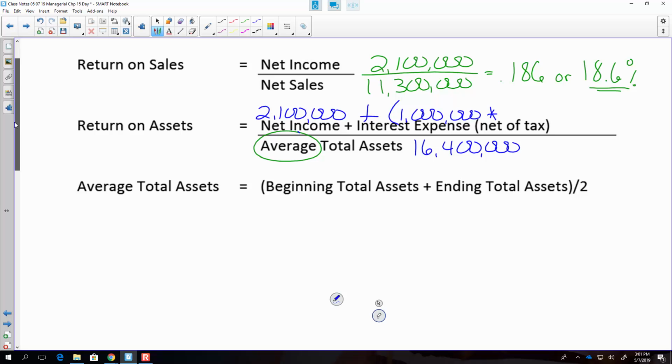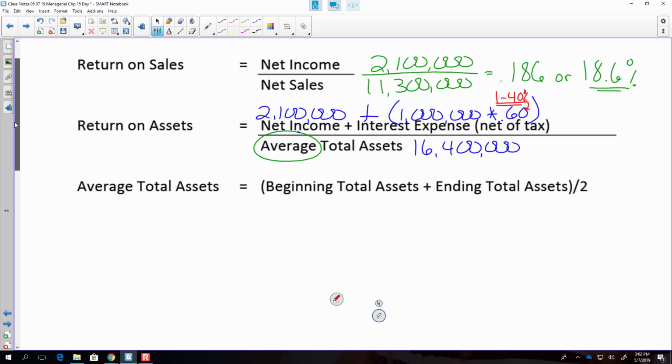Is it on 52? Yes. What is the tax rate? 40%. But I have to multiply it by the complement, 0.6. So 1 minus the corporate tax rate, 1 minus 40% is equal to 0.6 here, right?